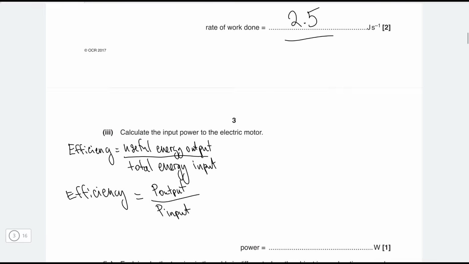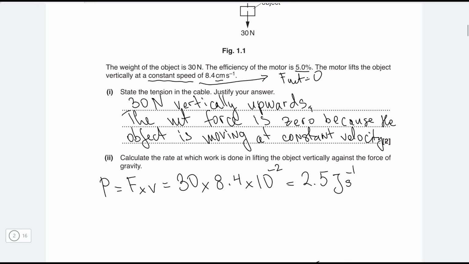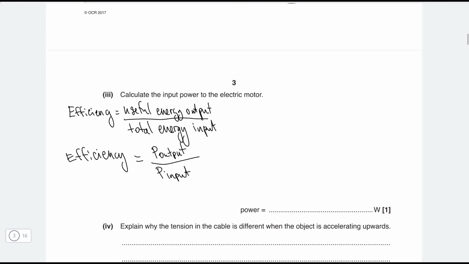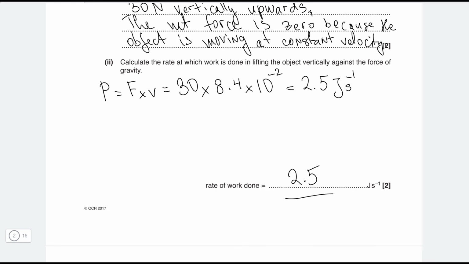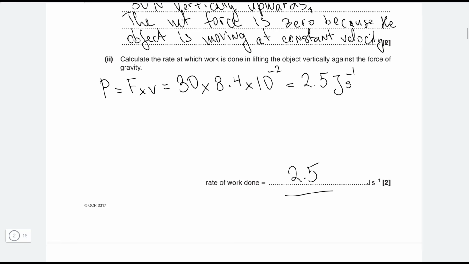So our efficiency in this question is 5%, just up here. So we can say that 5% is going to equal our output power, which we've actually just calculated, which is the answer to the previous question. Very often in A-level questions, we often have to use the answer to the previous question.